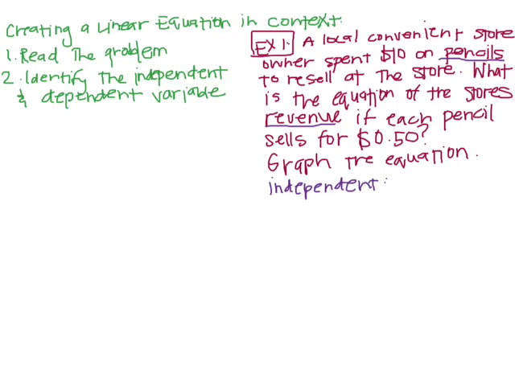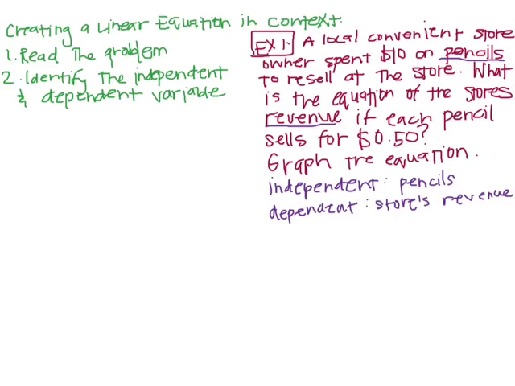Dependent is going to change based on what you chose for the independent, or what quantity you chose to substitute. So between pencils and revenue, I can't really choose the revenue. The revenue is going to depend on how many pencils are sold. So because it depends on the pencils, I know pencils are independent, and my store's revenue is going to depend on how many pencils are sold. So we have our independent and dependent variable.